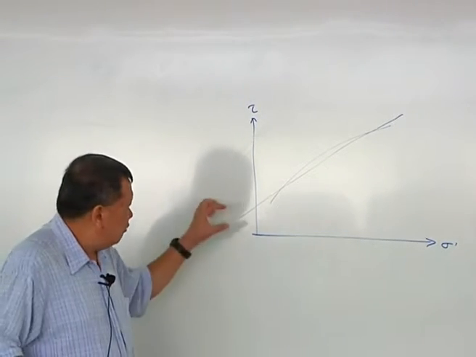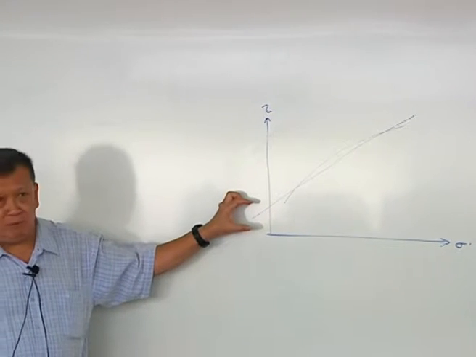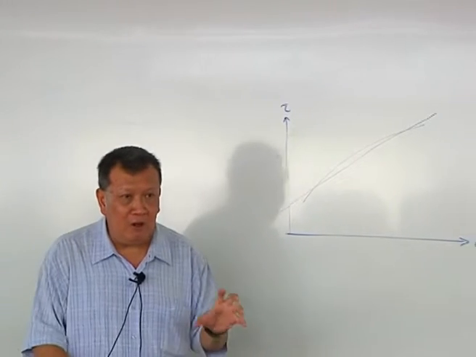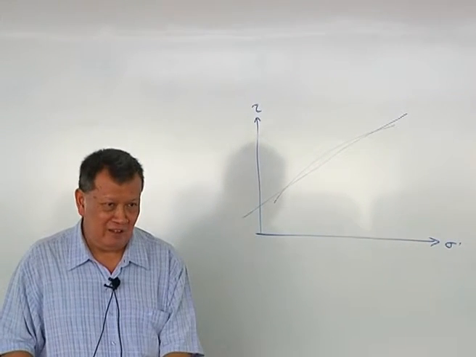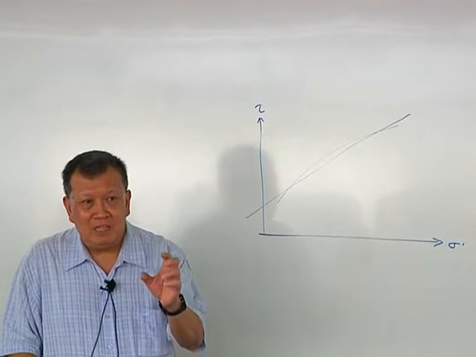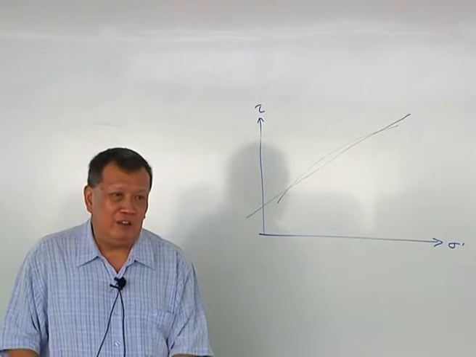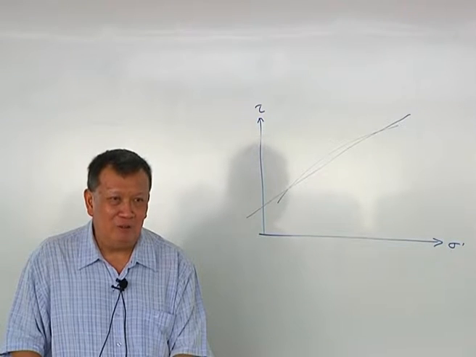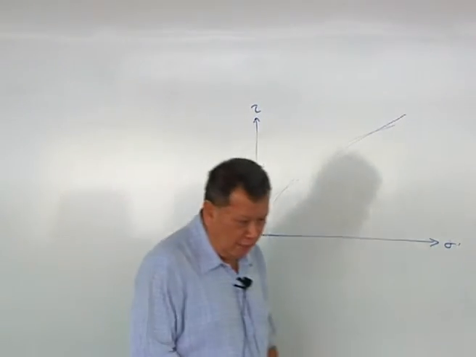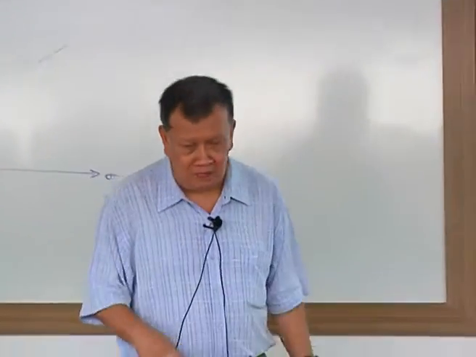And when you idealize it to a straight line, very often it doesn't pass through the origin because it's a curve. So as a result, you end up with what they call an apparent cohesion. The apparent cohesion is something that comes out because of the way you fit the curve with a straight line. You draw a straight line through the curve. Now, I have seen residual soil, not heavily over-consolidated, but residual soil is more common in Singapore.